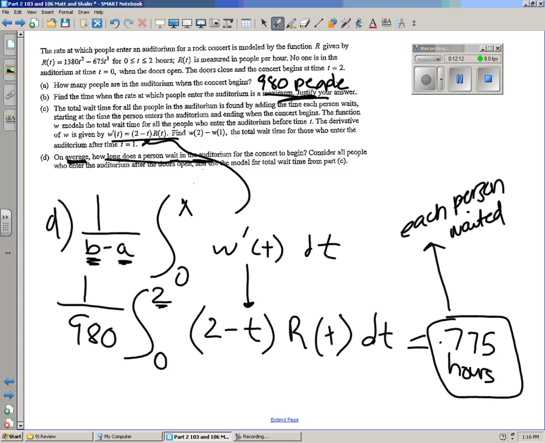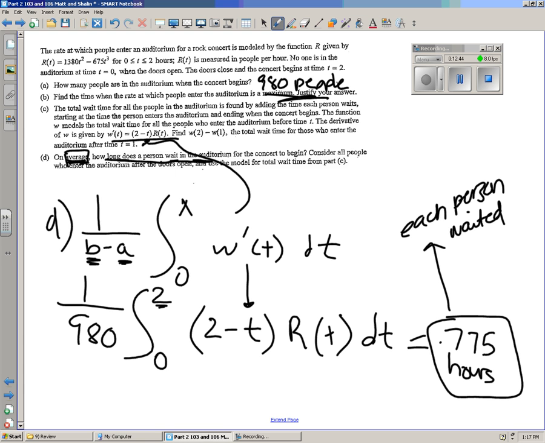So just to recap really quickly, we wanted to find on average how long each person waits before the concert begins. And we know that from time 0 to time 2, that was when people were filing into the auditorium, and then after time 2 was when the concert began. So your interval is from 0 to 2, and it should be 1 over 980, because that's how many total people entered the auditorium. So those are the people that have had to wait to get into the concert.